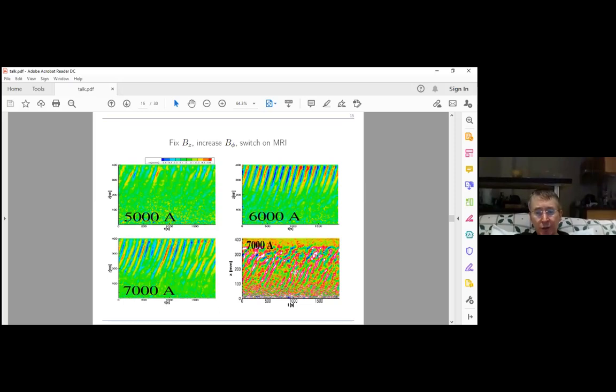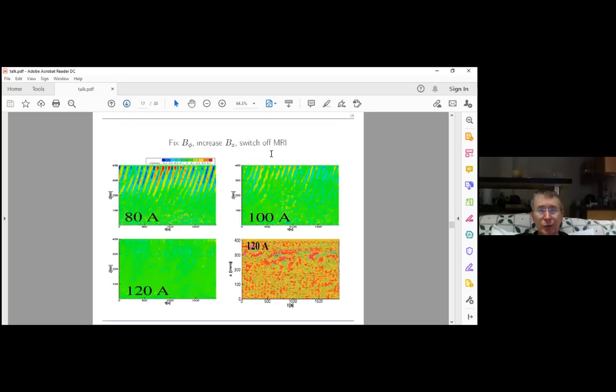Here also for comparison, this is what we got with our original crude prototype, including all the problems that we had at the upper end plates, whereas this is how clean things look with the later experiments. And you can see, sure enough, this looks a lot nicer than that. It's even better if we look at the next one, where we want to switch off the MRI again.